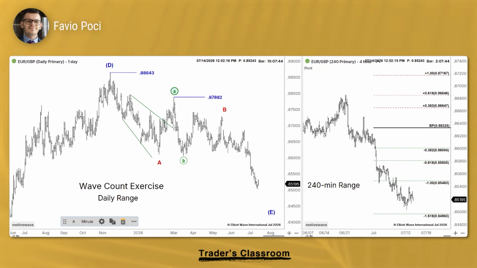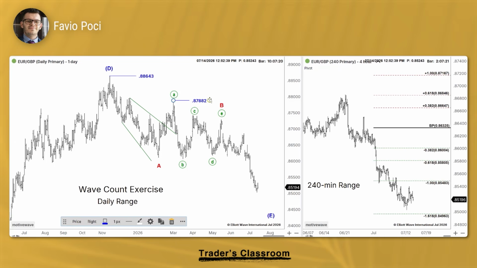However, apparently it turns out to have been a sharp multiple zigzag, and we have wave C of the triangle, and wave D and E. So the triangle looks complete right here, and wave E. We're gonna draw the lines of this triangle as well.